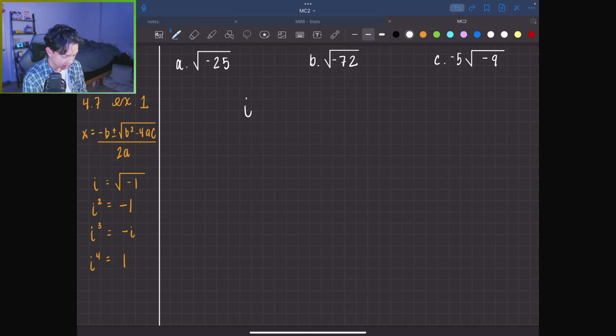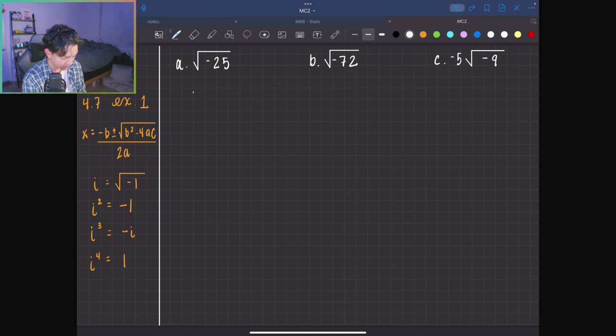All right, so let's go ahead and solve this. We have the square root of -25. We know that the square root of 25 is just plus or minus 5, right? But in this case, we have a -25. So what I'm going to be doing first is taking out a -1.